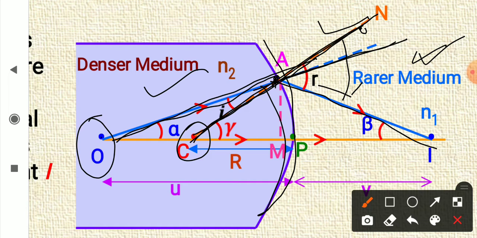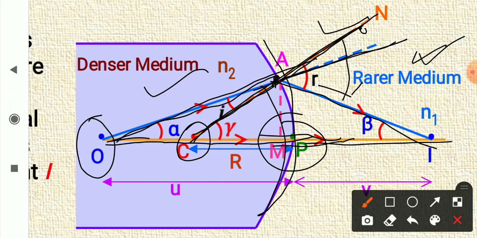The other light ray, which is coming through the center of curvature and through the pole, is coming along the normal, so it does not deviate at this point P and travels straight. Both the refracted rays meet at this point, and a real image is formed here.